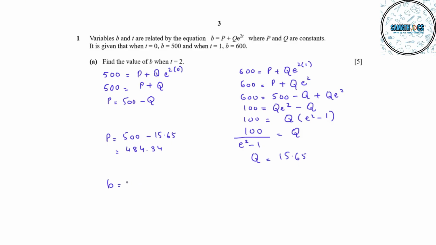Now we can substitute these values in the equation. B is equal to p, which is 484.34, plus 15.65 e power 2t. Now we have to take out the value of b when t is equal to 2. So we will substitute the value of t as 2.